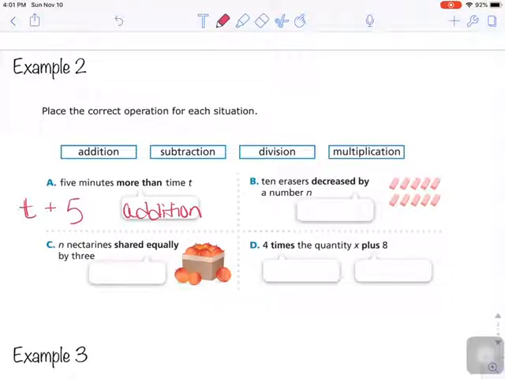All right, B, 10 erasers decreased by a number n. So decreased by, this is going to be subtraction. So 10 erasers decreased by a number n. So 10 decreased by a number n, 10 minus n.